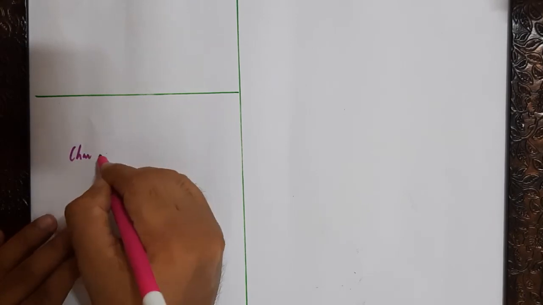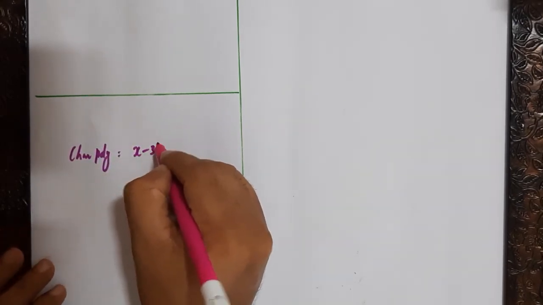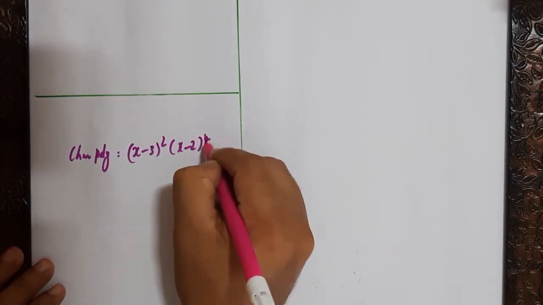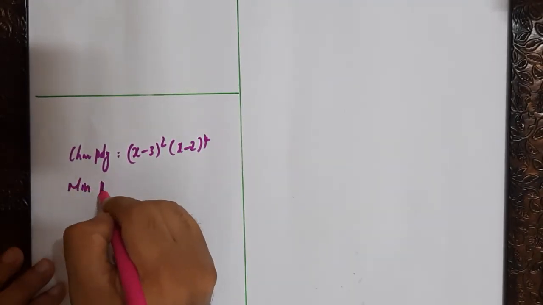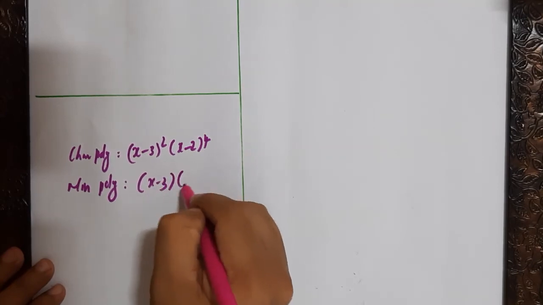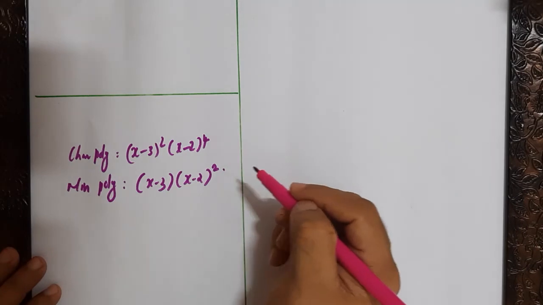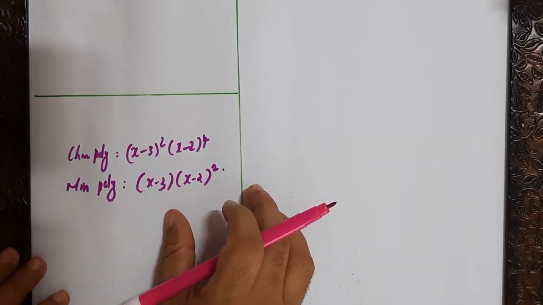here the given characteristic polynomial is (x minus 3) all square into (x minus 2) all raised to 4, and the minimal polynomial is (x minus 3) into (x minus 2) all raised to 2. Now we can characterize the Jordan canonical form of the matrix.